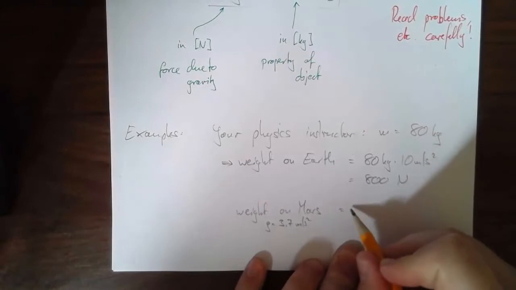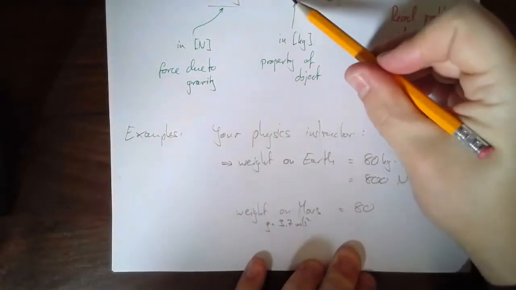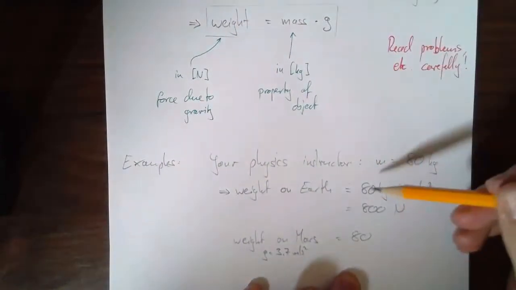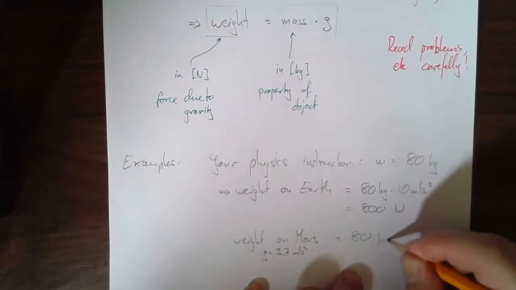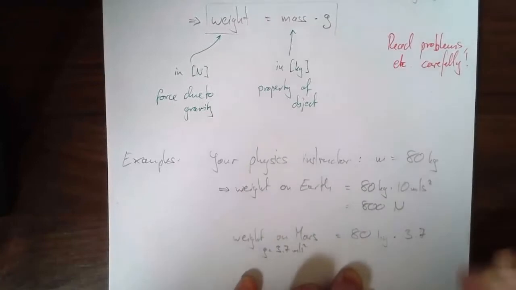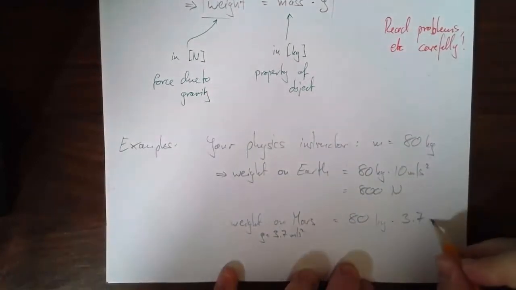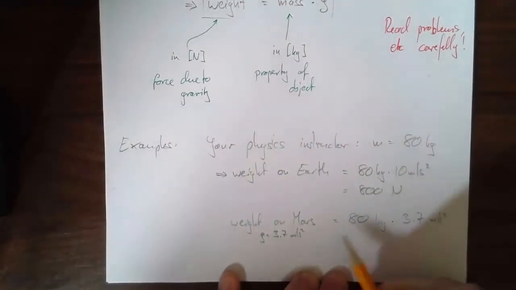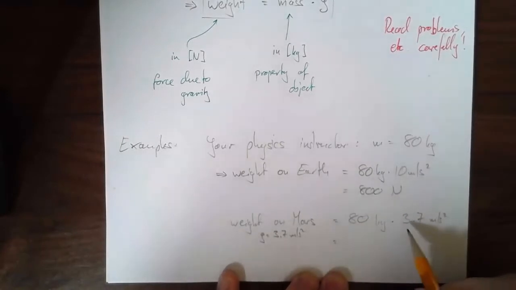So in that case, the weight on Mars is going to be the mass, m, which is the same, 80 kilograms. But g is now just 3.7. And now, what does that make? Now I have to think for a moment here.